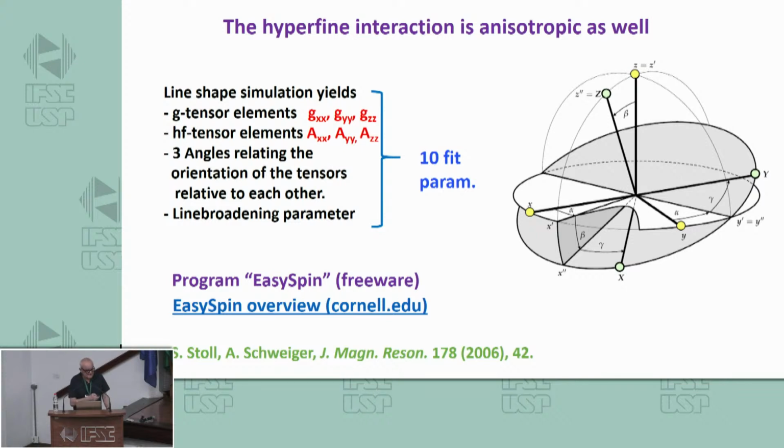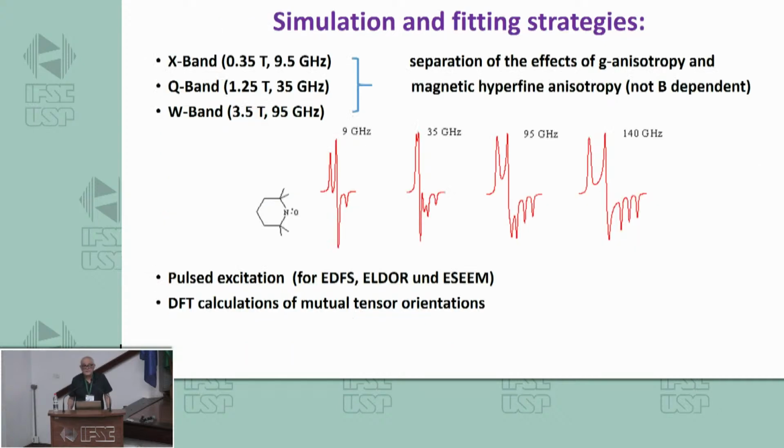If the tensors are coincident, then it's easier. Then we have only 6 parameters, and you have a better chance to get a good fit. Otherwise, you need to include some additional strategies. So one thing would be to change the magnetic field strength.